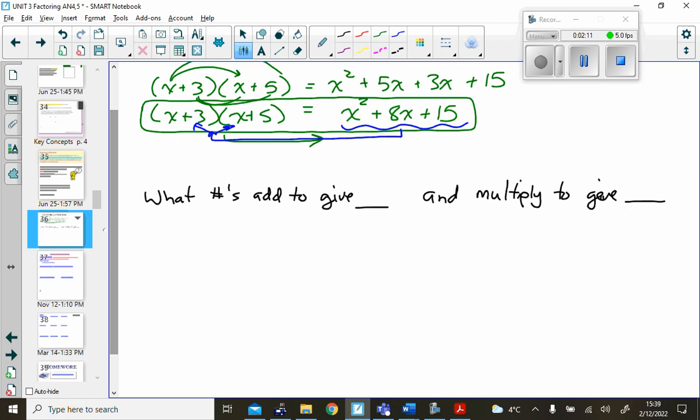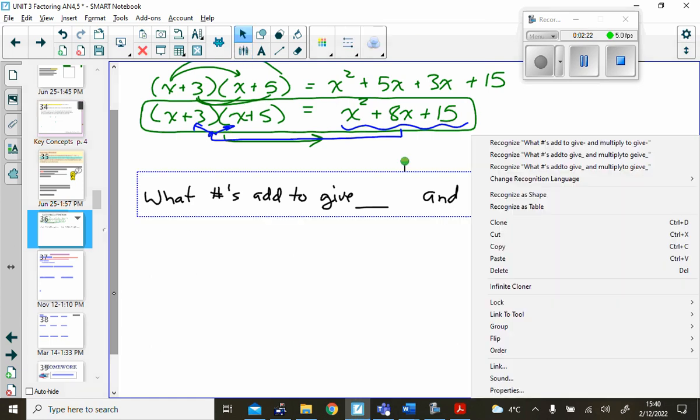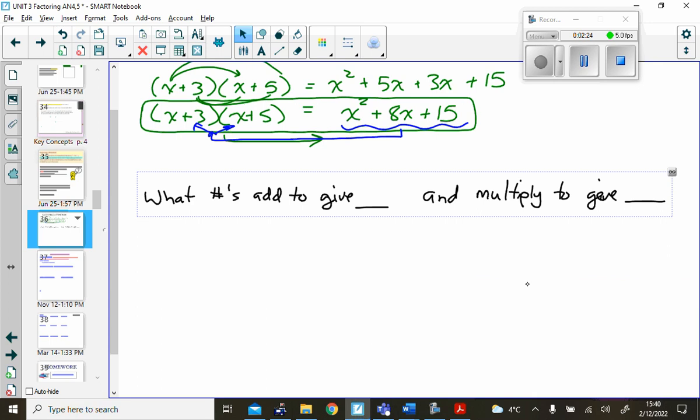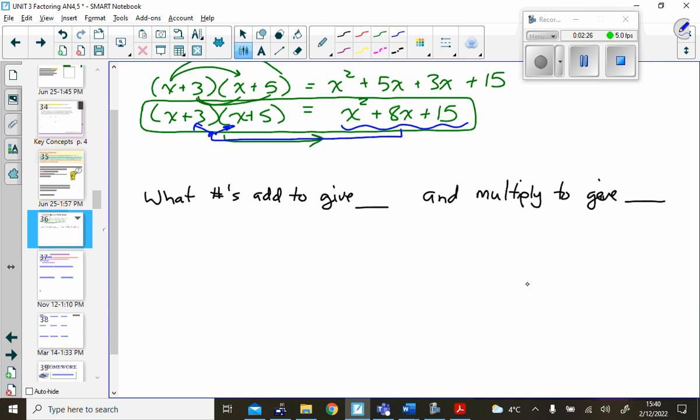So, let's see if your brains can figure this one out. I want to clone this in first before we start. So we're going to make this an infinite cloner. All right, so now, what numbers add to give 5, for example, but multiply to give 6?